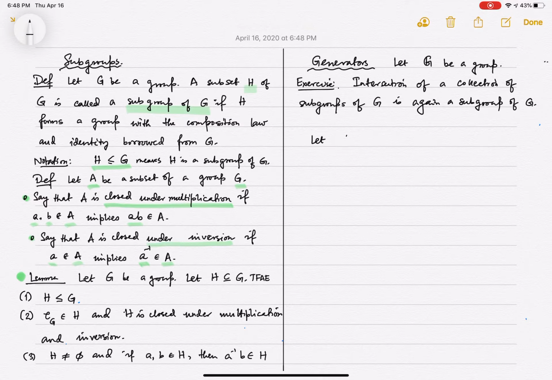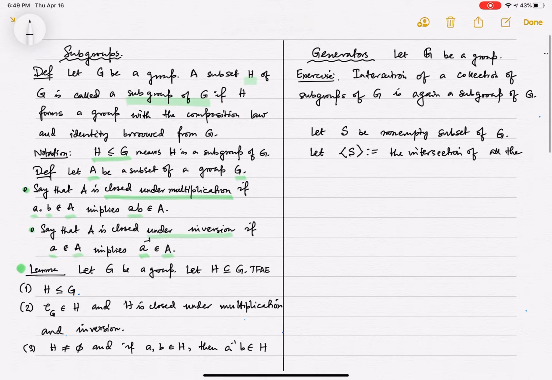So let S be a non-empty subset of G. Then I'm going to denote by angle bracket S the intersection of all the subgroups of G that contain S. And there is such a subgroup after all.